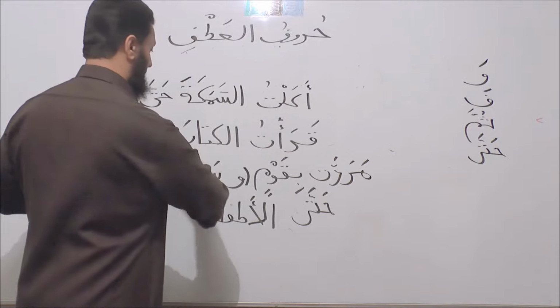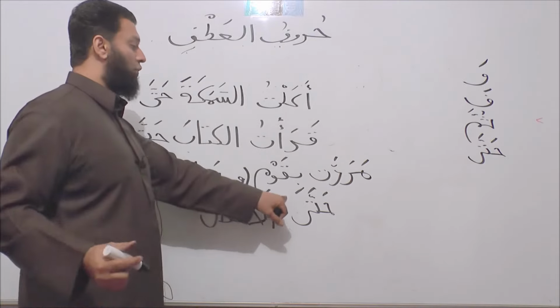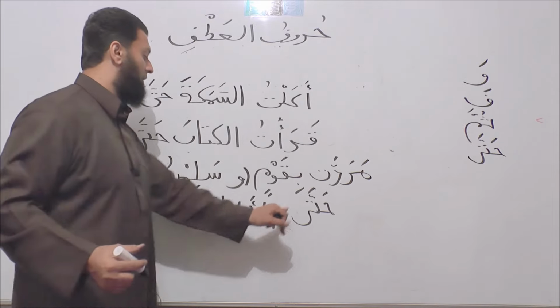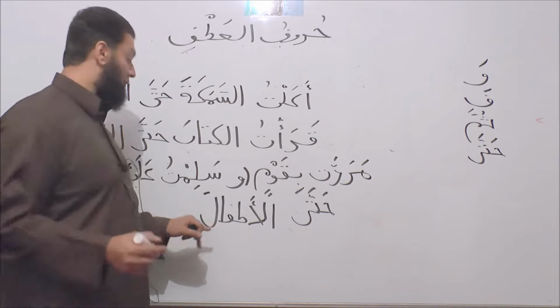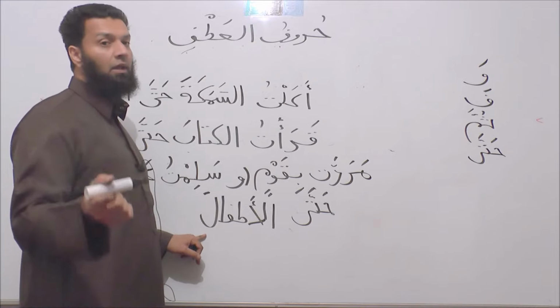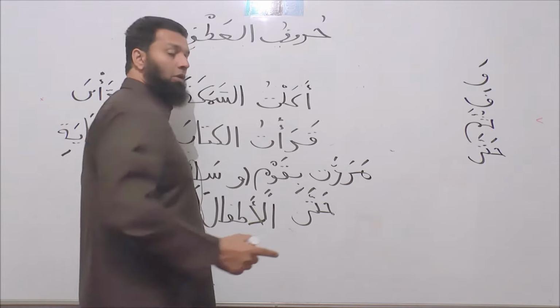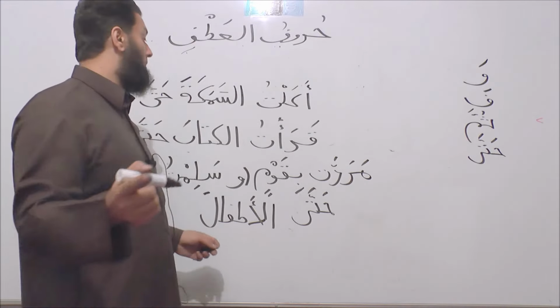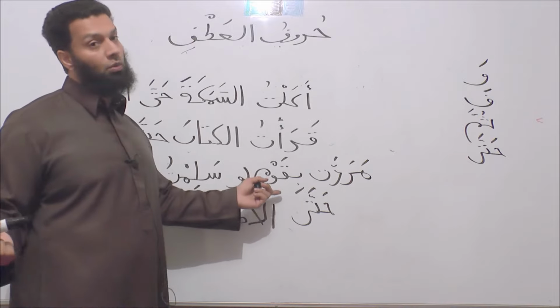Let's ignore all of this. Marartu bi qawmin, I passed by a group of people. Hatta al-atfal. Then it would be li. Why? Because we're referring it back to bi qawmin, and qawmin is majrurun. So it says al-ma'tufu ala majrurin, right?